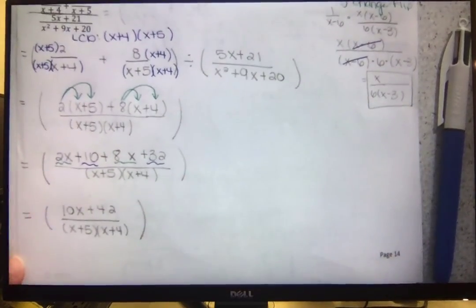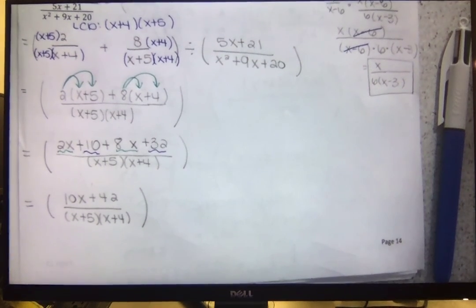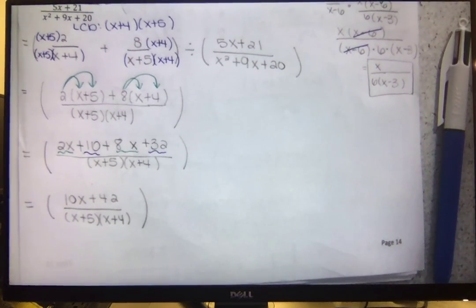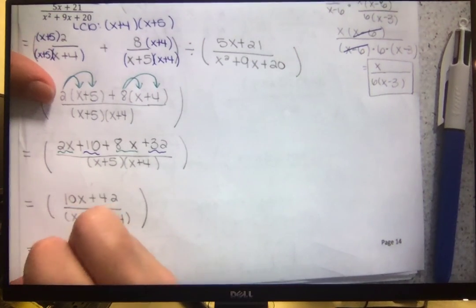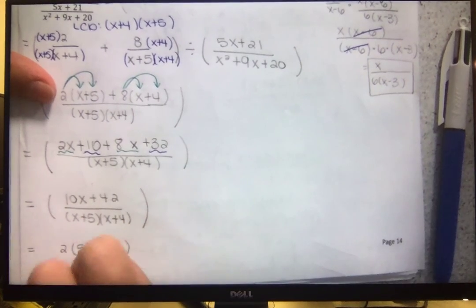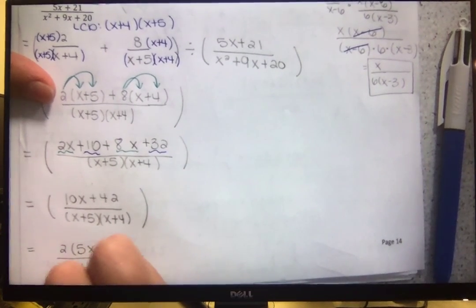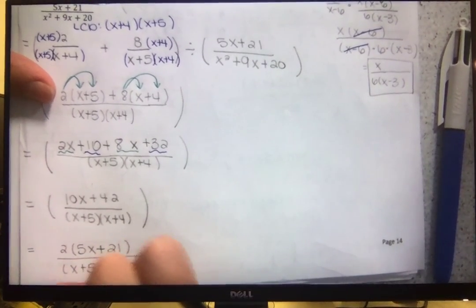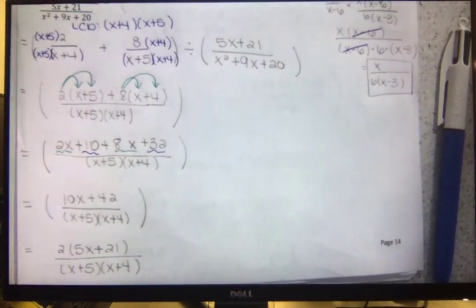Getting closer, we have it down to one fraction. Now looking at 10x plus 42, GCF: 2. Taking out that 2, we're left with 5x plus 21 all over x plus 5 times x plus 4. There's nothing else we can do with that fraction. It's done. We're going to leave it till the end.